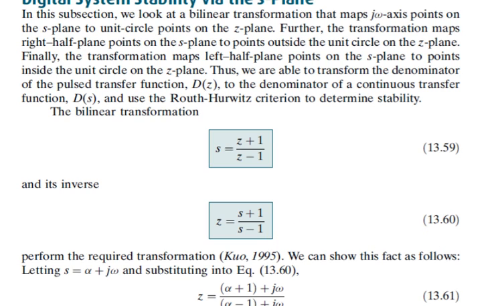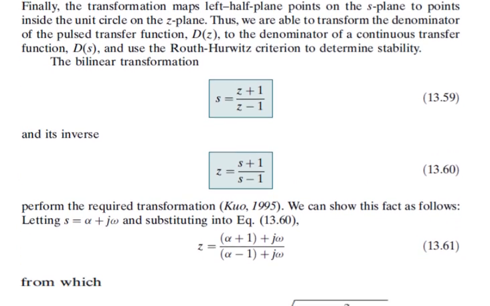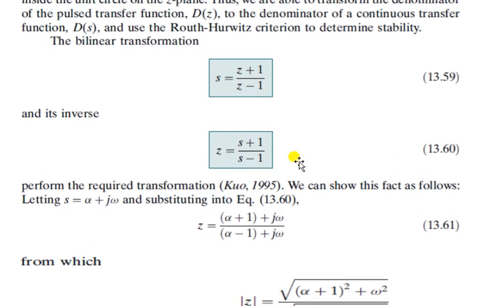If we further talk about this equation 13.60, instead of S we can put here alpha plus j omega. So if we place here alpha plus j omega, you will get this term.